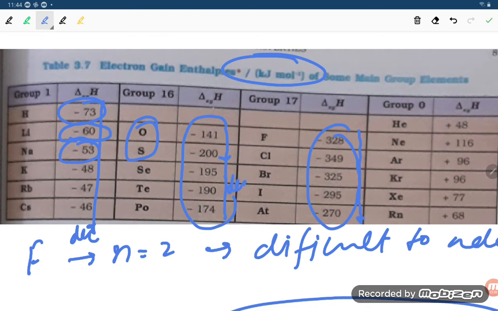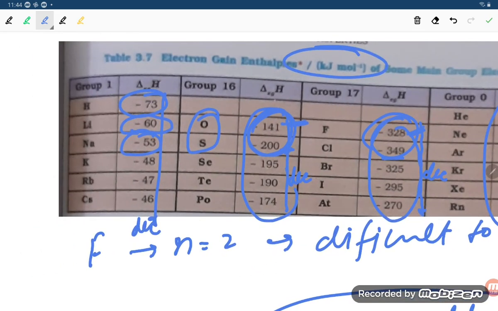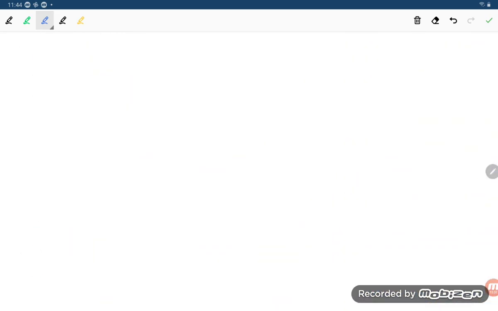But for the first two elements, the values increase, and the reason is the same for oxygen and sulfur. Oxygen is of smaller size, so addition is difficult, giving less electron gain enthalpy, while addition is easy for the larger atom, giving more electron gain enthalpy. For the noble gases, the value is almost zero, student.